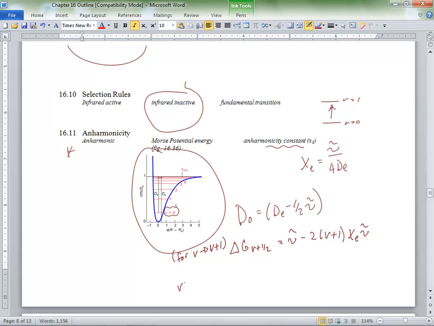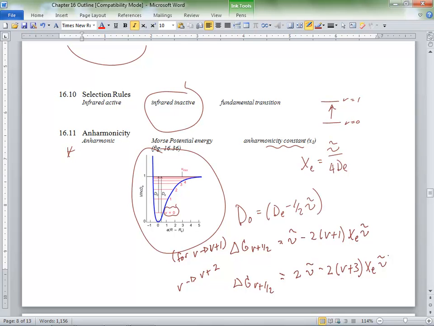And then if you have V going to, what was it? V plus 2, what was that? That was 2 wave number minus 2 V plus 3 anharmonicity constant wave number.